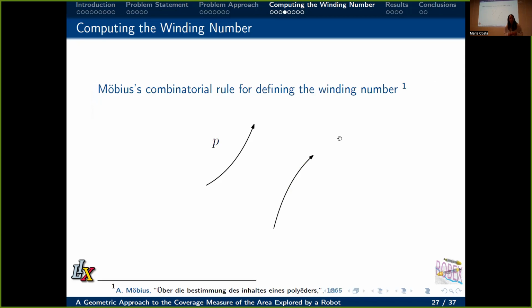Okay, so the first rule is the Mobius combinatorial rule for defining the winding number. Mobius states that if we have two regions that share a boundary, their winding numbers can differ only by one. And since by convention we are counting counterclockwise cycles, the winding number of the region on the left with respect to the orientation of the curve would be the bigger one.